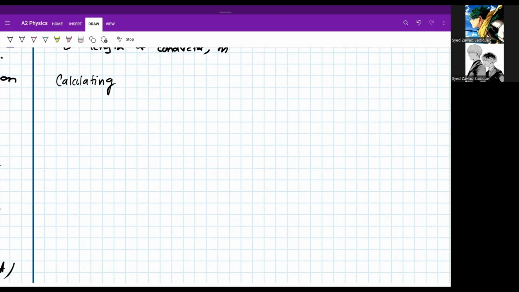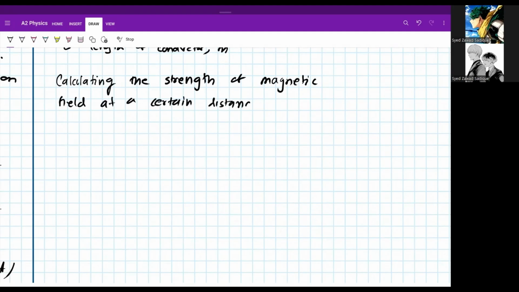Calculating the strength of magnetic field at a certain distance away from the wire.